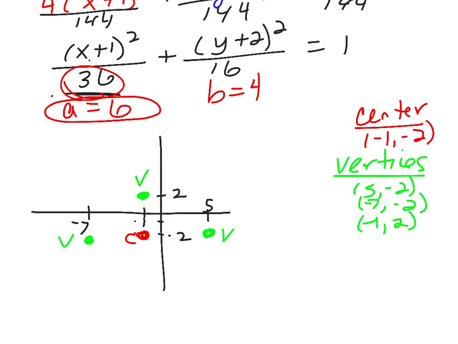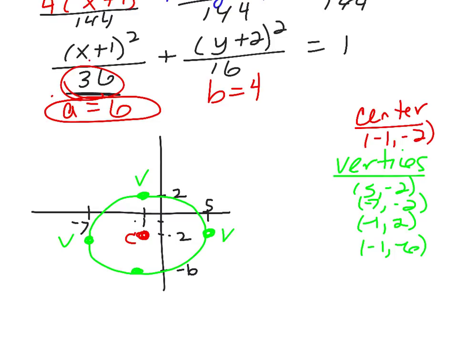And I'm going to go down 4, it's going to put me at -6, so that's -1, -6. Okay, so draw your ellipse.